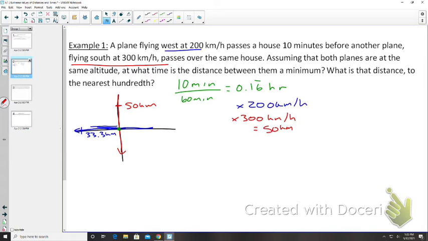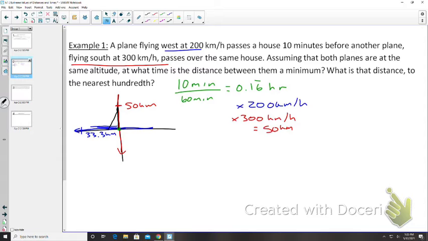One thing I want you to take into consideration is that we are essentially looking for the shortest distance between the blue and the red plane, right? As soon as that blue plane passes the green house, we're 50 kilometers away, so our distance would just be a straight line down. But as that blue plane continues to move, so does the red plane.